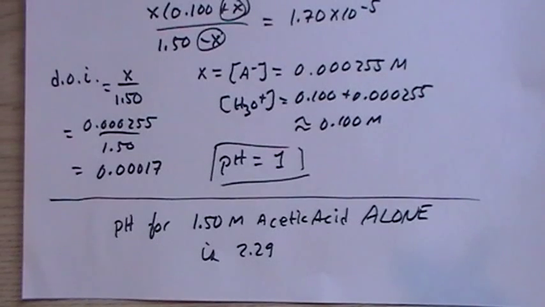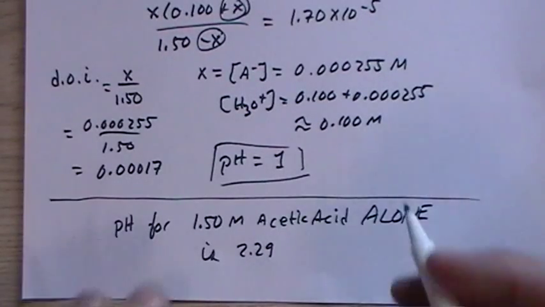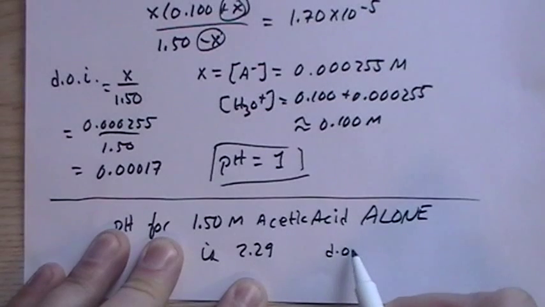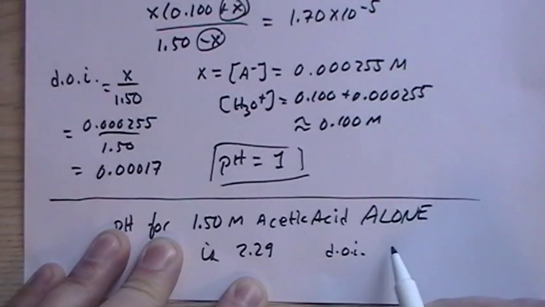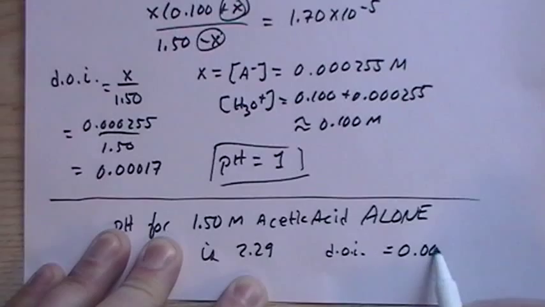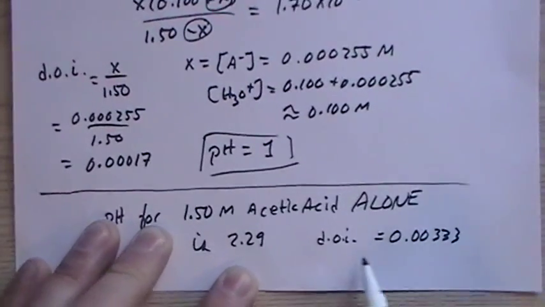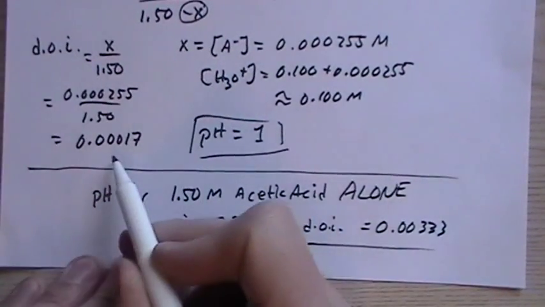And let me see if I have it handy where I can determine the degree of ionization without the HCl. Yeah, so this would be 0.005 divided by 1.5. So the degree of ionization in this case is 0.00333. So it's a small number, but it's still much larger than this.